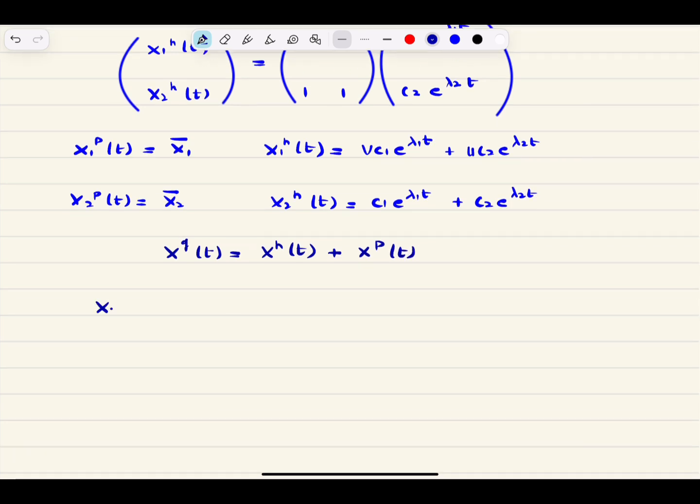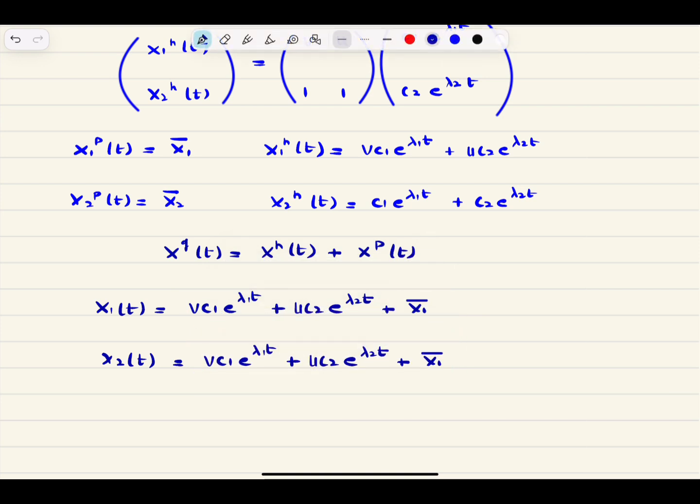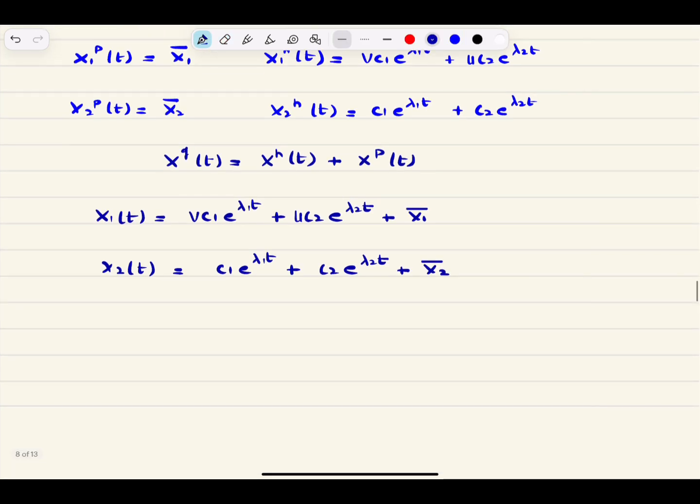We have x1 of t is equal to v c1 e to the lambda 1 t plus u c2 e to the lambda 2 t plus x1 bar, and then an x2 of t, and we have a c1. I'm just going to copy paste so I don't have to write it all over again. We're going to get this, and this is our final solution.